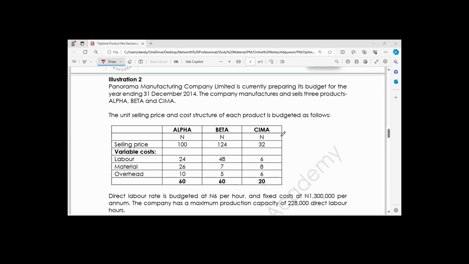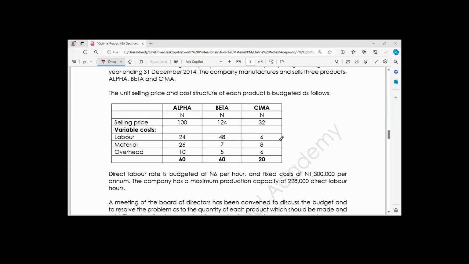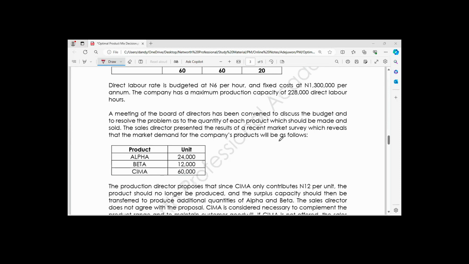The unit selling price and cost structure of each product is budgeted as follows. Direct labor rate is budgeted at 6 naira per hour and fixed costs at 1.3 million per annum.